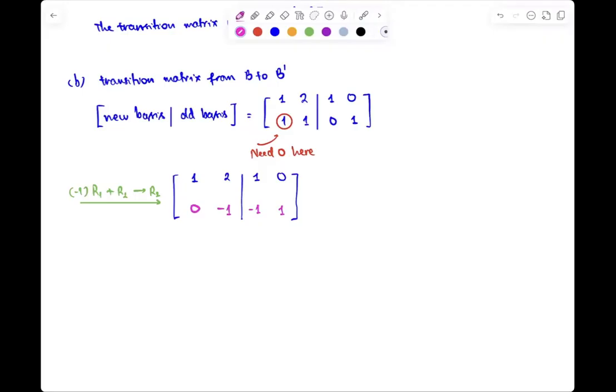Okay. So you're done with the first row, right? You have the leading one, the entry below that is 0. Now you move to the second row and you need to have the leading one for the second row. So you need 1 here.